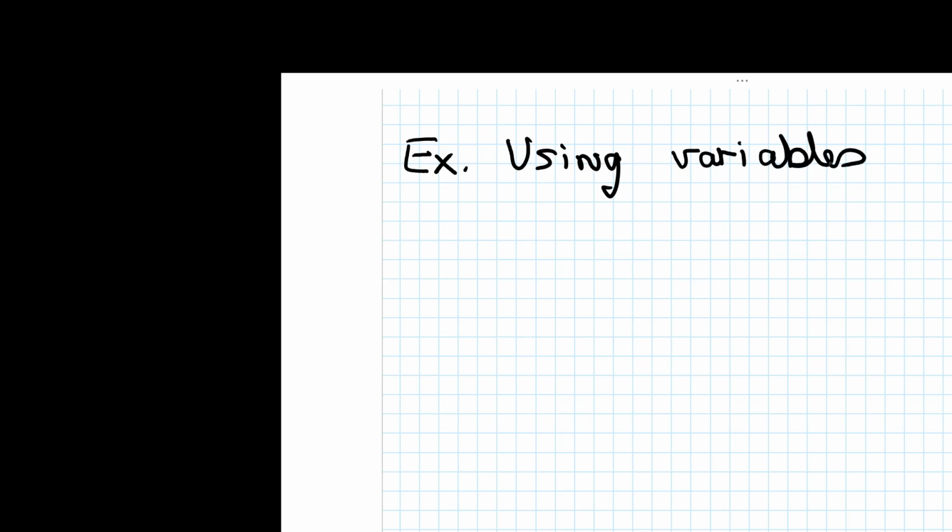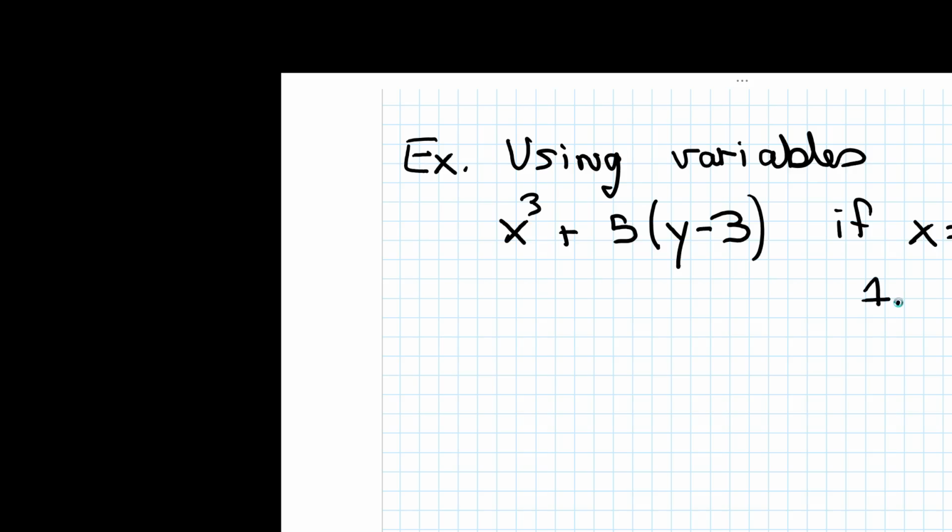So we have x cubed plus 5 times the quantity y minus 3 if x equals 2, y equals 12. Step number 1.